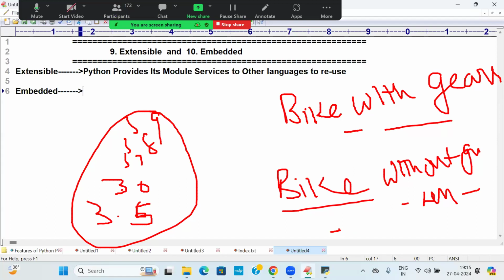What is the advantage? Comfortability. That's why on the road, out of 100%, 30 to 40% are with gears and 60% on the road are scooties. Are all of them with gears or without gears? Without gears. Why? They are not bothered about the mileage.